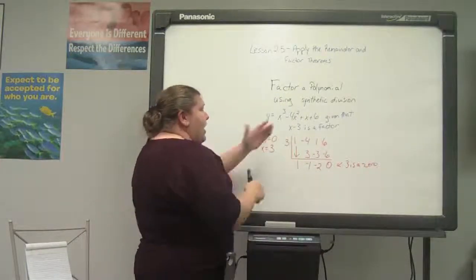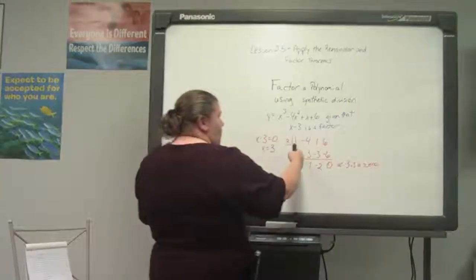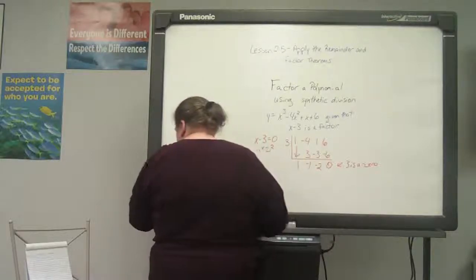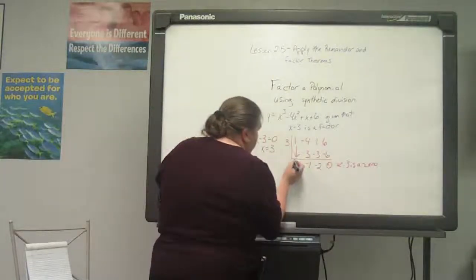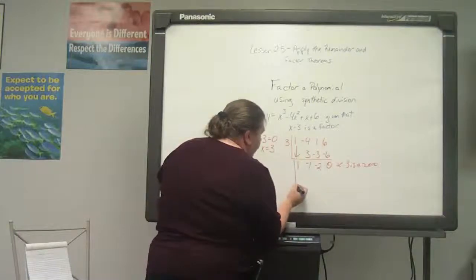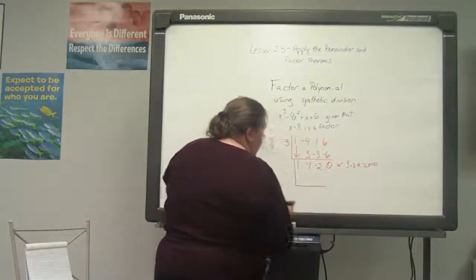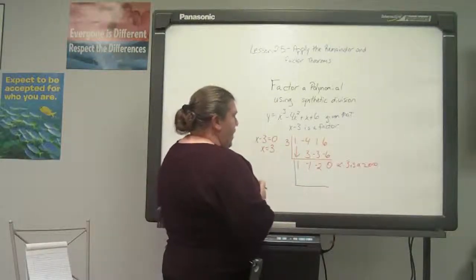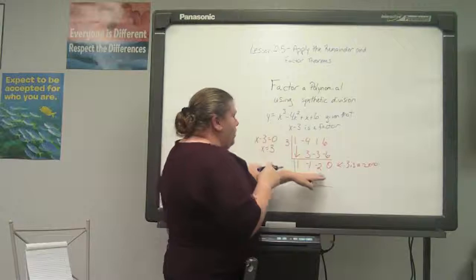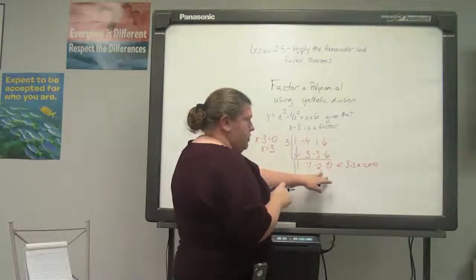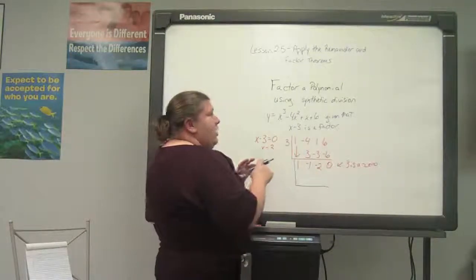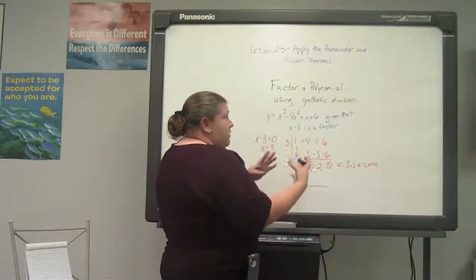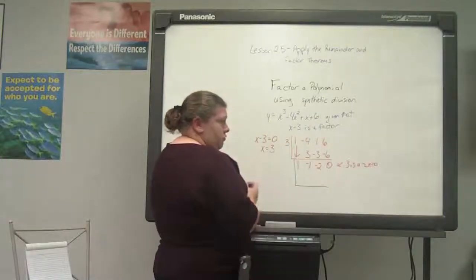Now, from there, we can go farther down to find all the other factors. What I'm going to do here is another synthetic box. I want to think for a moment, this is a factor, so it's something that can be multiplied by something else to get 2.